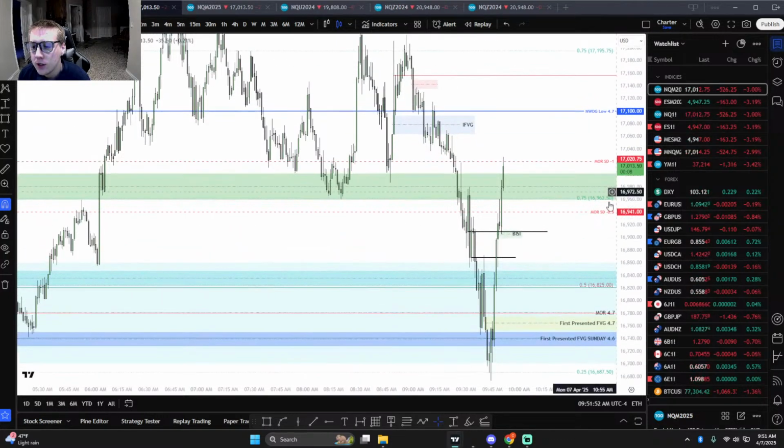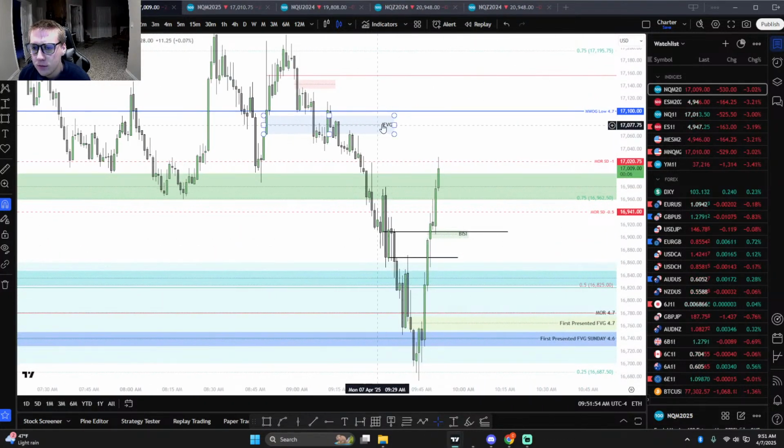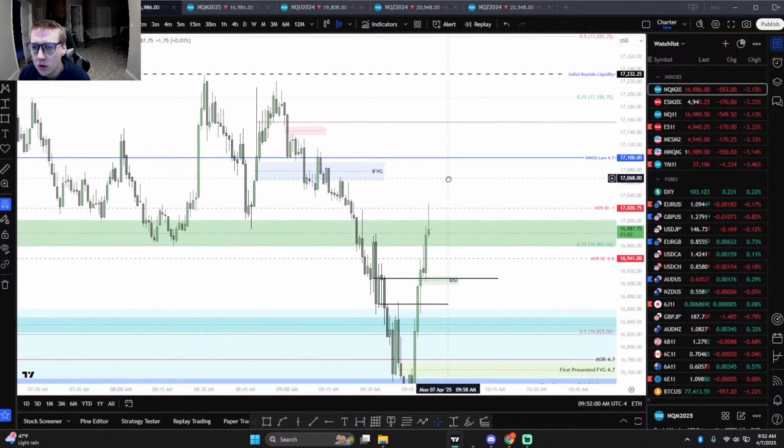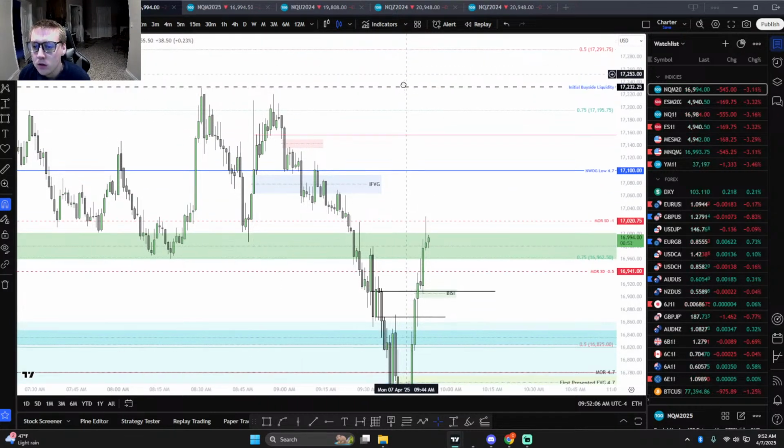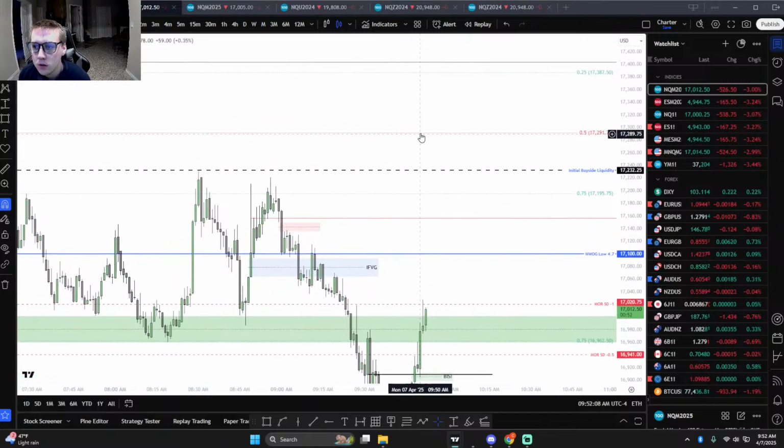All right, let's just tape read this though. New opening gap low, that could be a partial. This wick constant encroachment could also constitute a partial terminus.